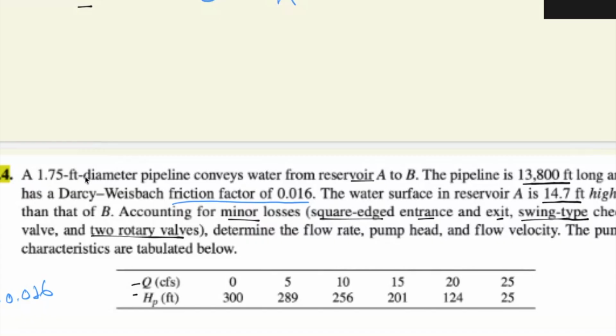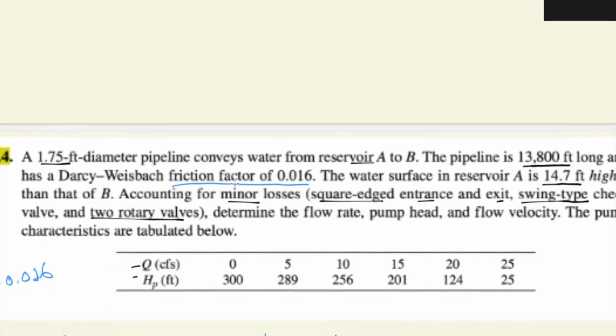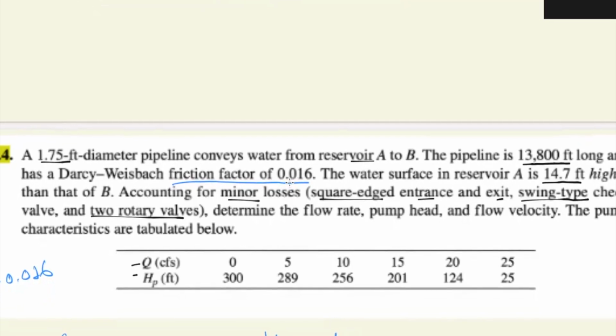So we have a pipeline that has a diameter of 1.75 feet that conveys water from reservoir A to B, and the length of the pipeline is 13,800 feet, and the friction factor is also given, which is 0.016.